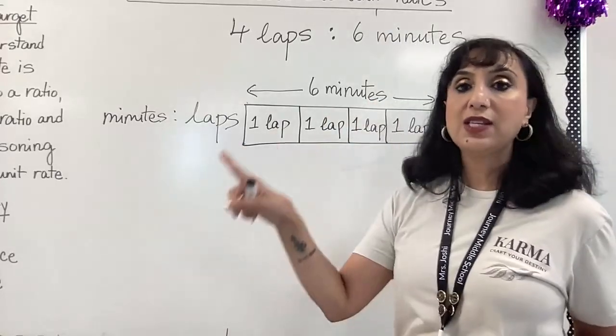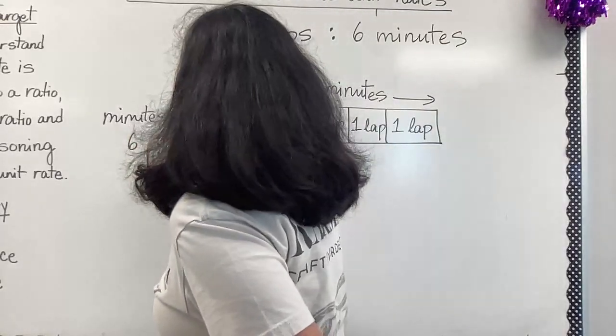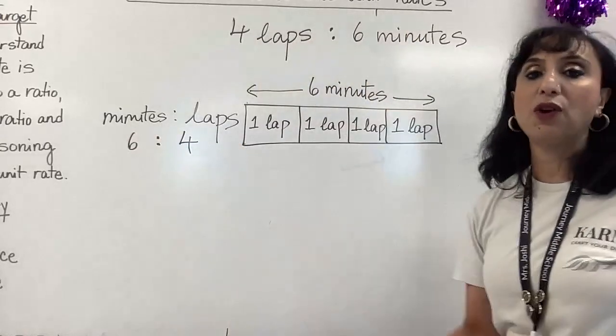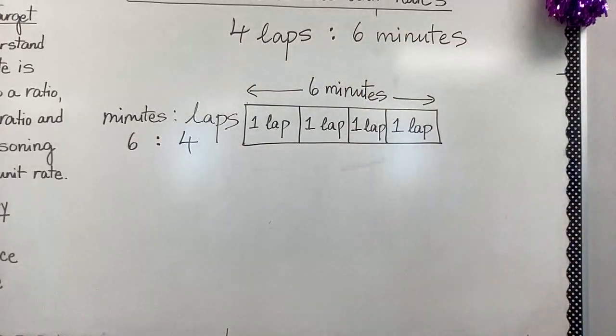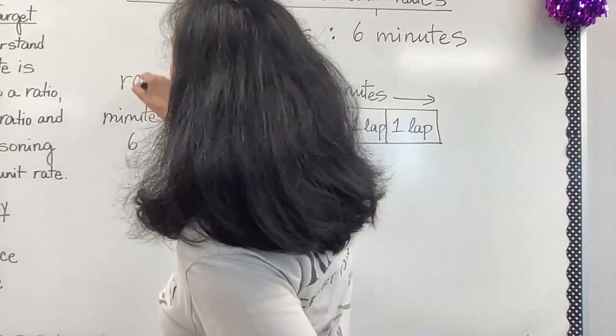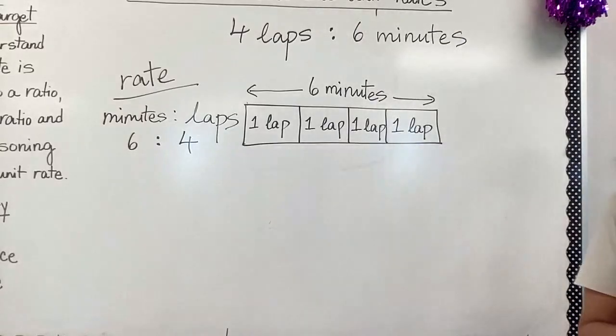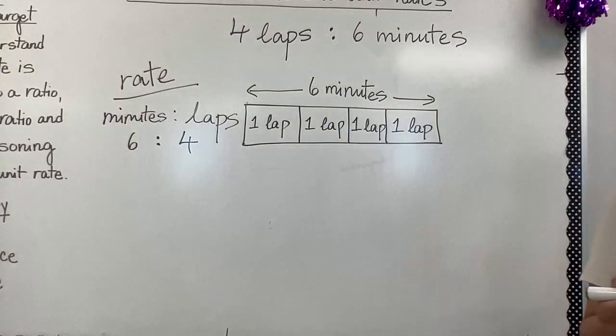So if it's saying minutes to laps, I am going to do 6 to 4, because 6 minutes to 4 laps, and that is what my ratio is. Okay, so because the units, minutes and laps, are different, this kind of ratio is called a rate. This is called a rate because they are different units.